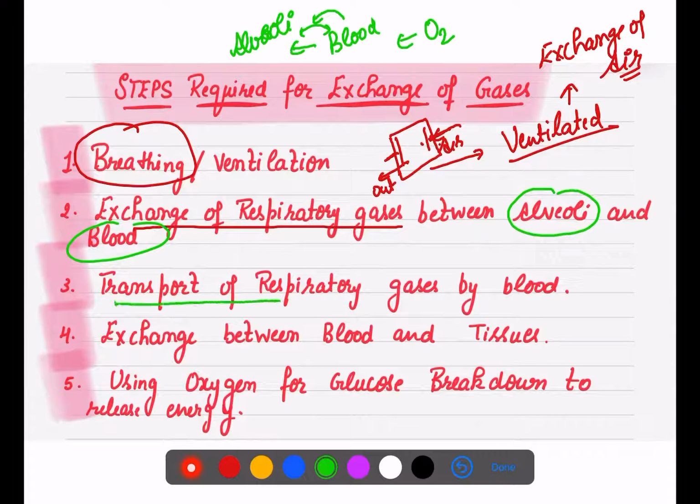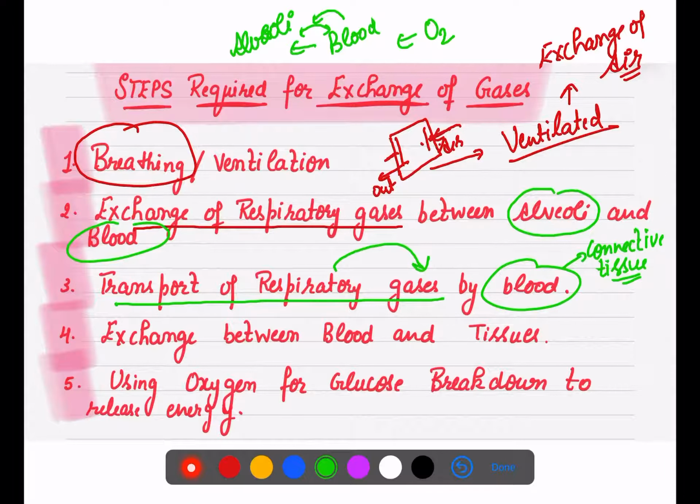Then there is the transport of respiratory gases by blood, because blood is a connective tissue in our body, so it keeps on transporting things, connecting one organ with another. So here also respiratory gases are transported by blood.